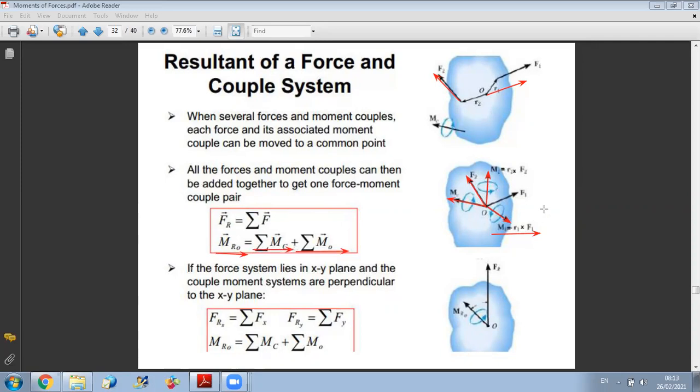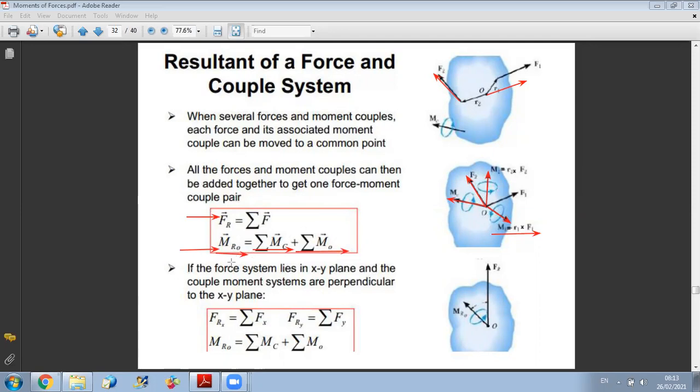So here I only have one couple, so I add plus MC. So the general rule is the following. When I want to reduce to one point, the resultant force is the summation of all forces acting on the body, and the resulting couple is the summation of couples acting on the body plus the summation of moments of forces about the point.